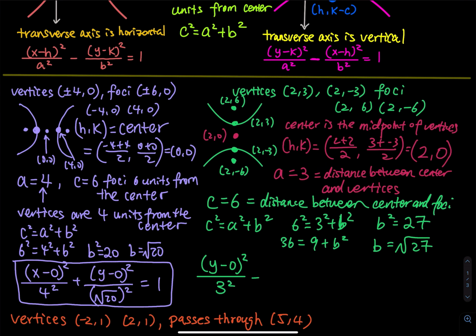In the previous problem, I'm sure that everybody found this mistake, so this is a minus. I wrote a plus, it's a minus. And then minus x minus h, so x minus 2 square divided by b square. b square is the square root of 27 square, and then equals 1. And then there you go.